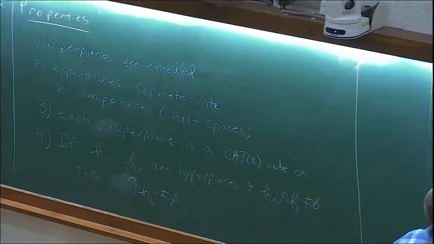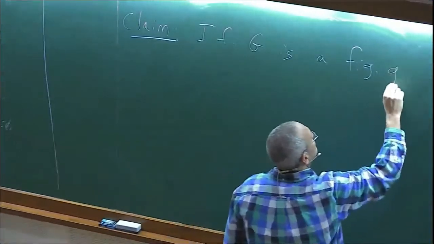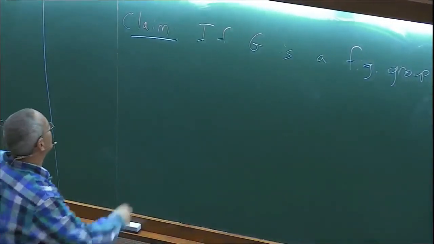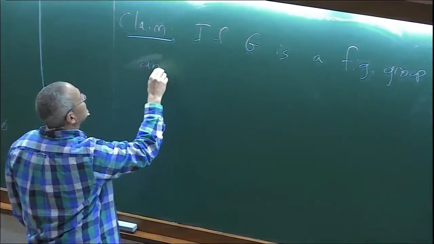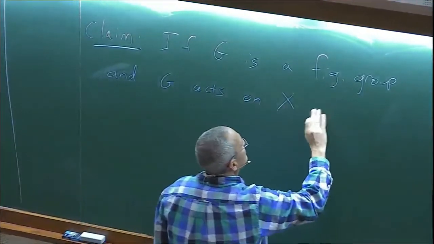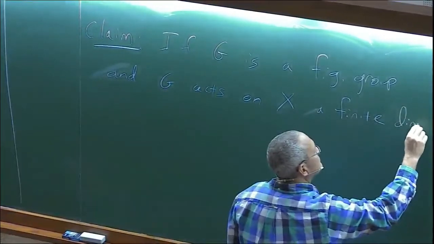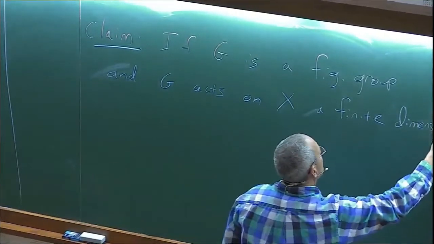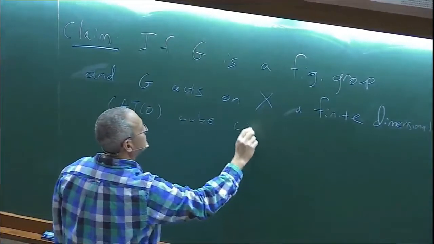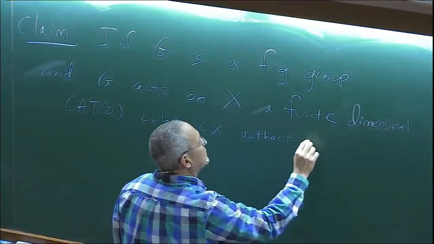So if G is a finitely generated group, and G acts on X, a finite dimensional CAT(0) cube complex, without a global fixed point.